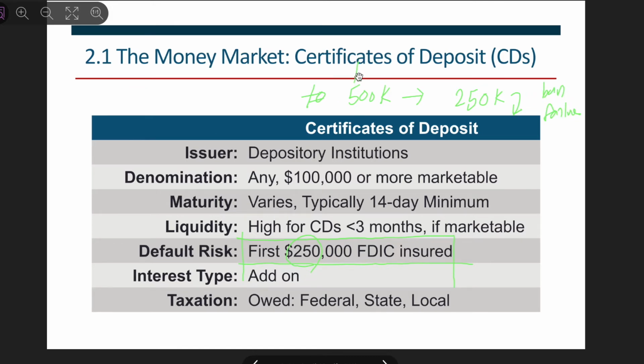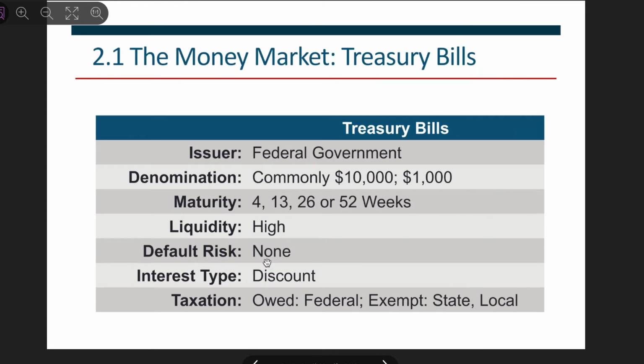And if you put 100K, all of your 100K can be paid back when the bank fails. So there is a little bit of insurance compared to the no-default-risk treasury bill.